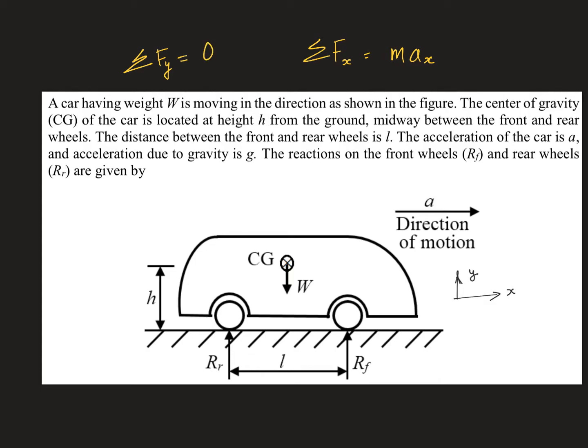Now think, what will be the third equation? Can we write another equation, or are we done? Think about it for a minute, or a couple of seconds in fact. Okay, so there is another equation. You can also compute the moment about any point. Let it be any point, but in this particular example I am taking the moment about the CG.